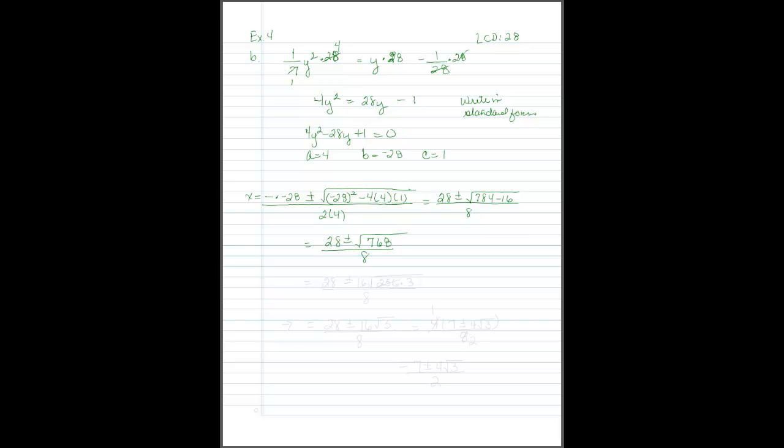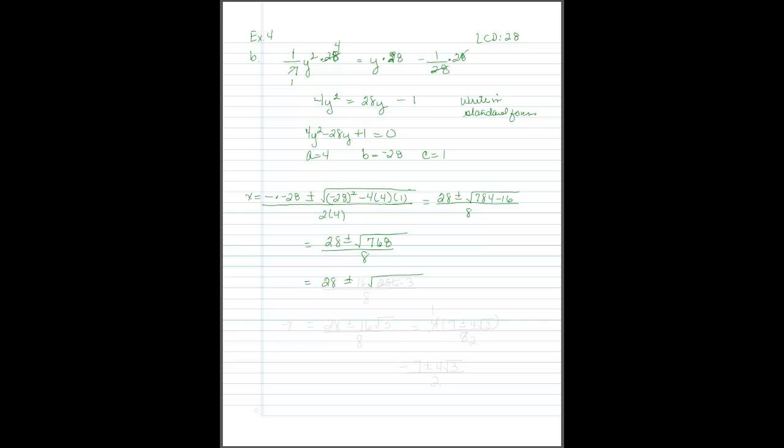Now, to find the factor for 768, we will do the same thing as we did in the previous example, but for the sake of time, I'm going to tell you the perfect square factor. So, you're saying 28 plus or minus the square root of factors of 768.